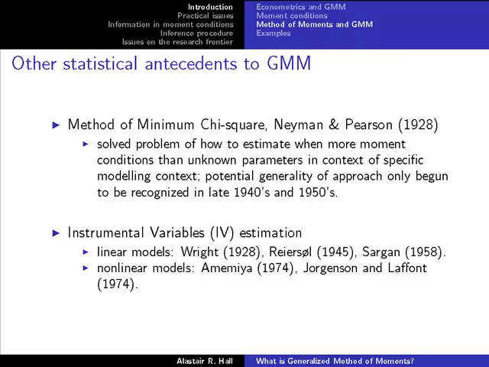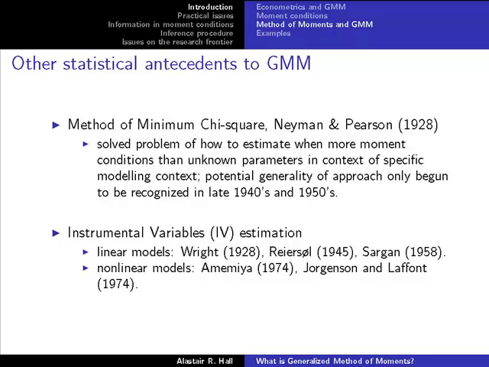This is Egon Pearson, Karl's son. They were working in the context of a rather specific problem to do with parameter estimation in a goodness of fit example. Although they didn't work explicitly in terms of population moment conditions, with hindsight we can recognize that effectively they were solving the problem of how to estimate parameters from more moment conditions than you had parameters.